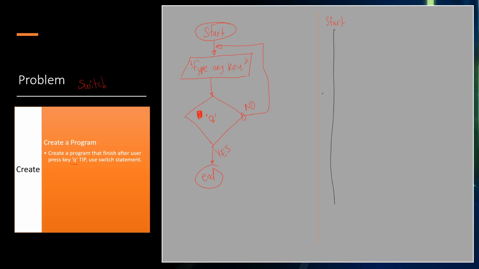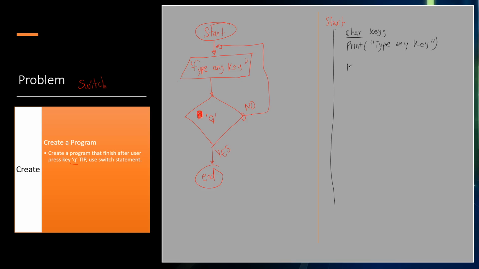We start, so we ask the user, print type any key. Here we only need one variable, and it will be char, because we're gonna type only one character, and let's call it key.